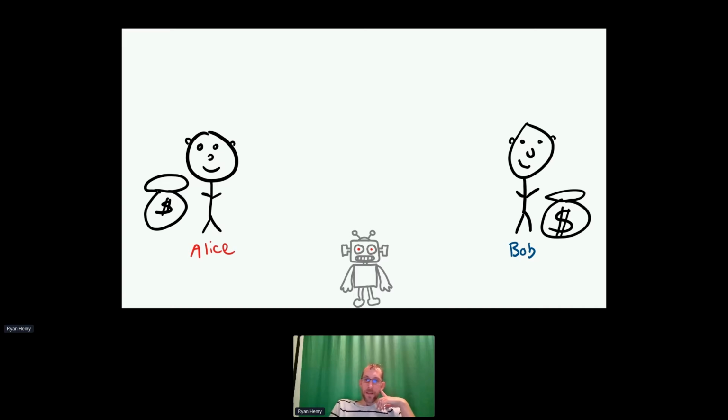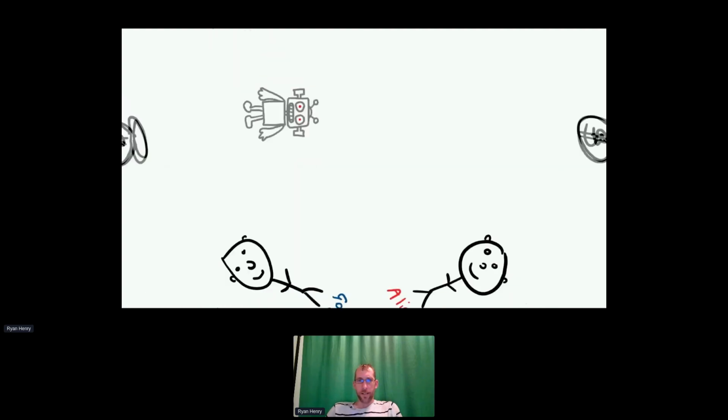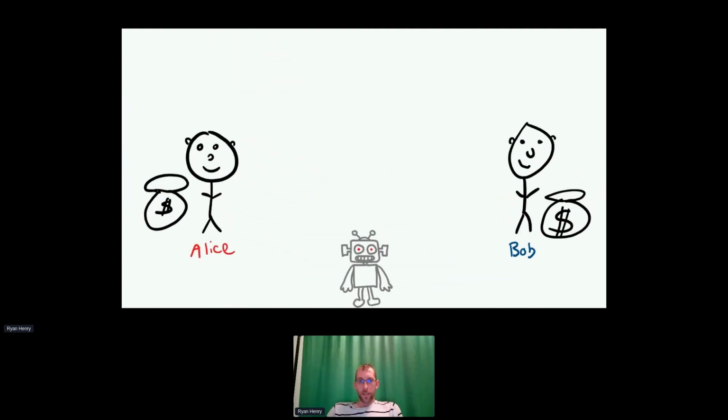We could have the server, our third party, send shares of such a vector to Alice and Bob. And when I say shares of such a vector, I actually mean a vector like that, but not necessarily with the one in the correct location. So you can see here I use J as a subscript. What the server is going to do is choose J completely at random and then construct one of those vectors, but with the one in the jth position.